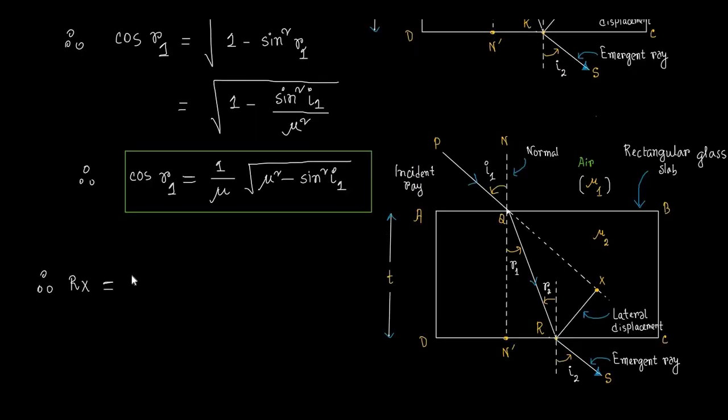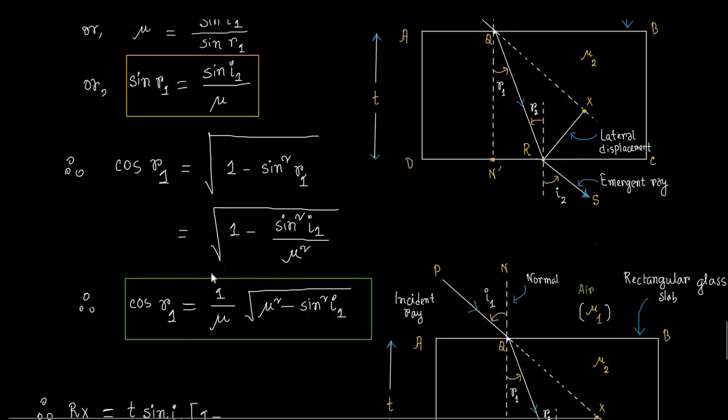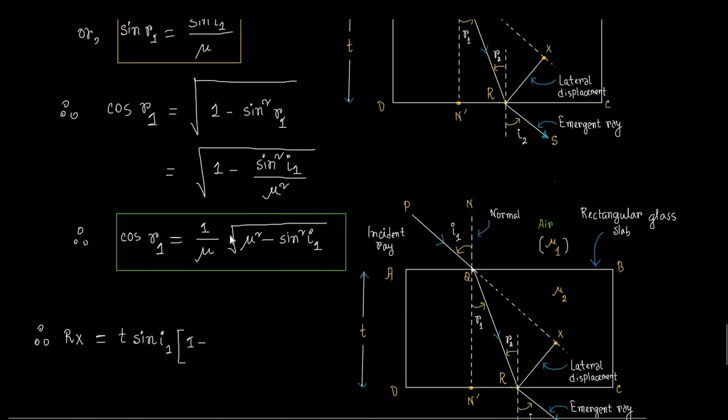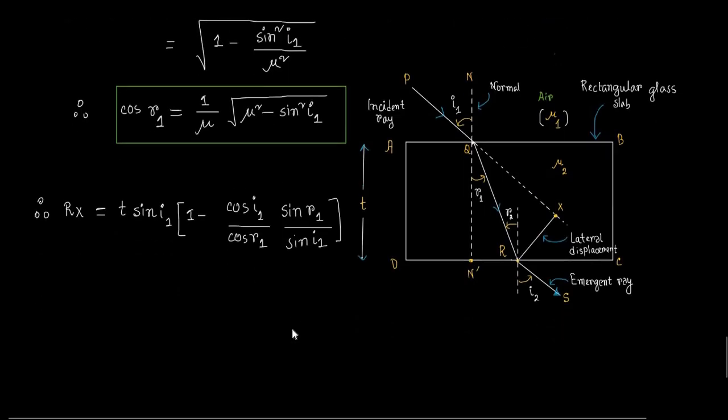Now Rx has the expression T sin I1 under bracket 1 minus cos I1 divided by cos R1, into sin R1 divided by sin I1. Now we can put the expression of cos R1 and sin R1.